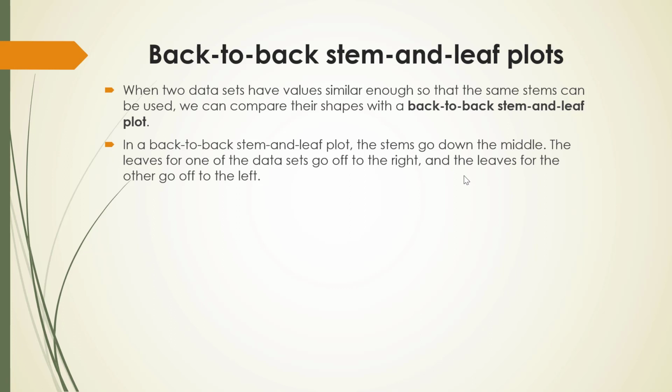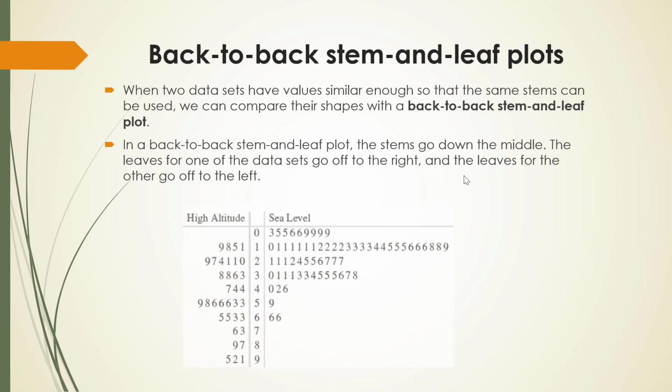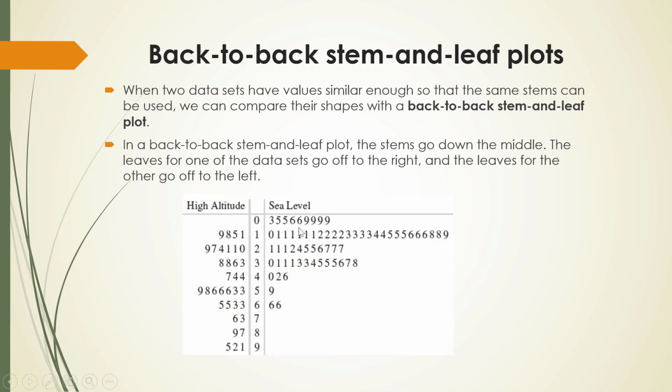In a back-to-back stem and leaf plot, the stem goes down the middle. The leaves for one of the datasets go off to the right, and the leaves for the other go off to the left. For example, this is a back-to-back stem and leaf plot.